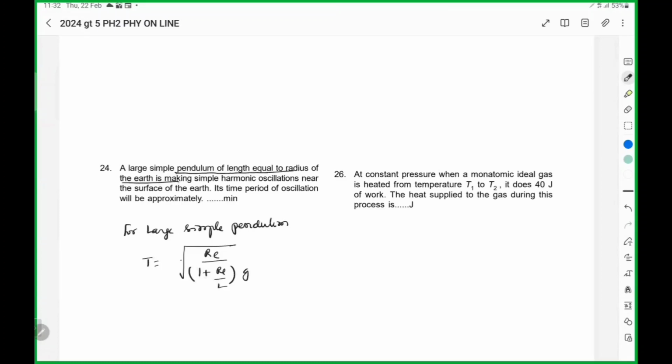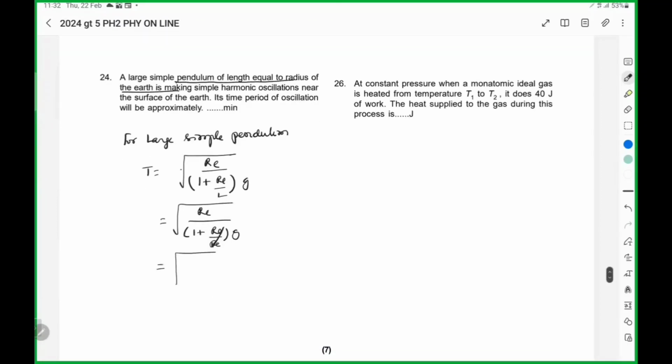Pendulum of length equal to radius of Earth, that is Re by (1 plus Re by Re) of g, which is nothing but Re by 2g. That is, 2 pi also will be there.